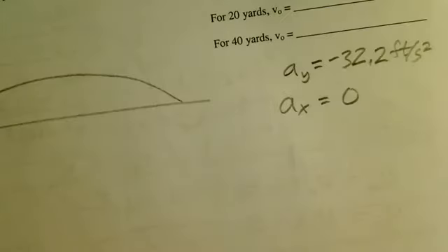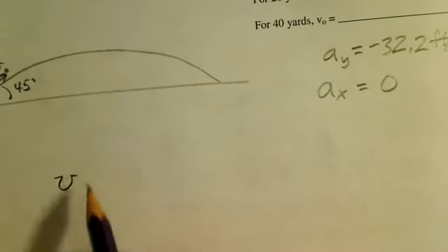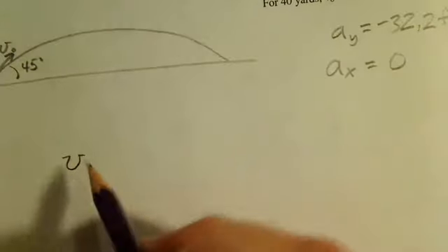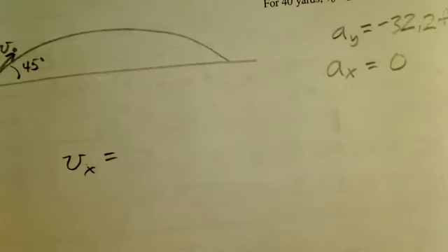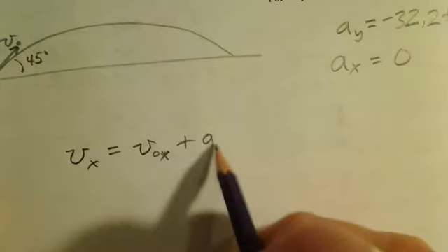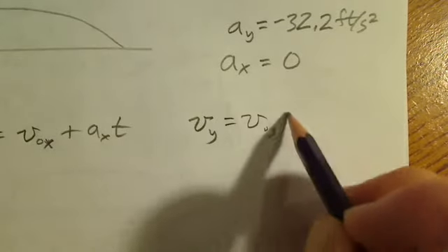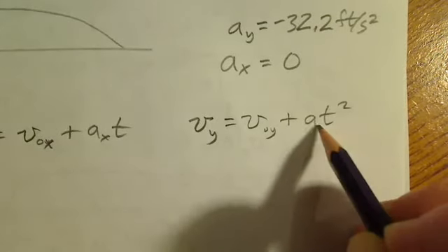The next thing you do is you just kind of go at this blindly and write down your kinematics equations and figure out where to go from there. So the x component of the velocity is equal to the initial x velocity plus a_x t. This is from the first page of the homework handout. And the y component is the same with a y.